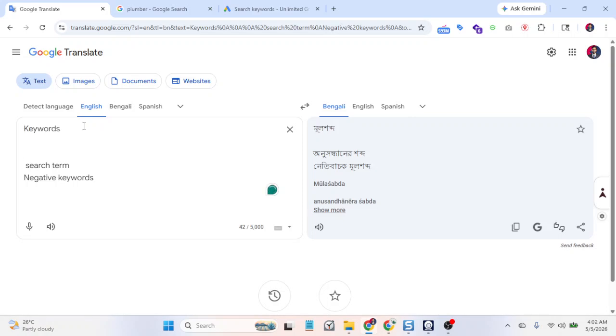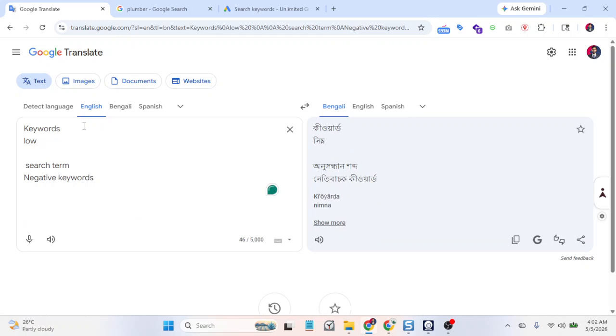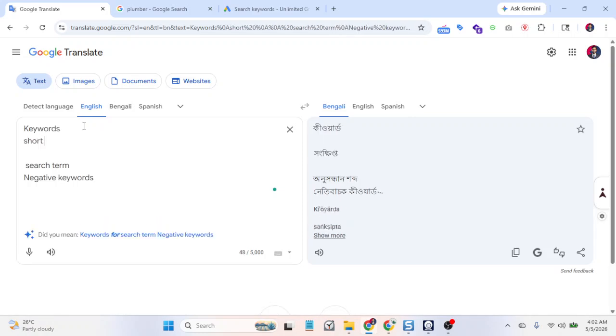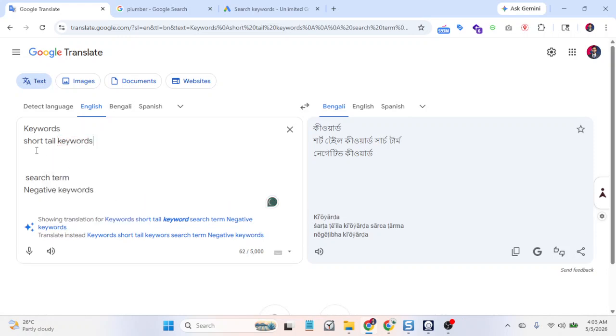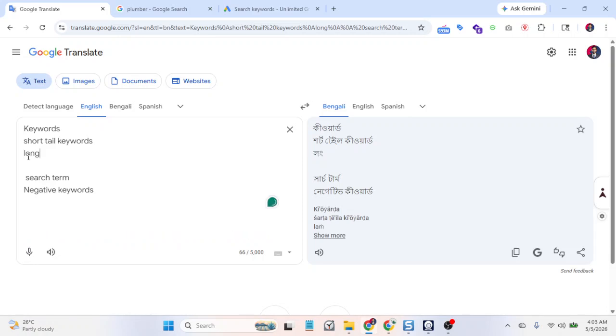There are some types of keywords. Based on size, we get two types of keywords: short tail keywords and long tail keywords.